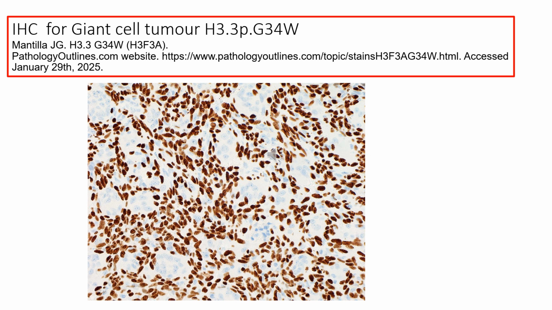And the monoclonal antibody which is used is known as H3.3 P G34W. Now, if the tissue reacts with this monoclonal antibody or this marker, we know that yes, this is indeed a true giant cell tumor and not its mimic.